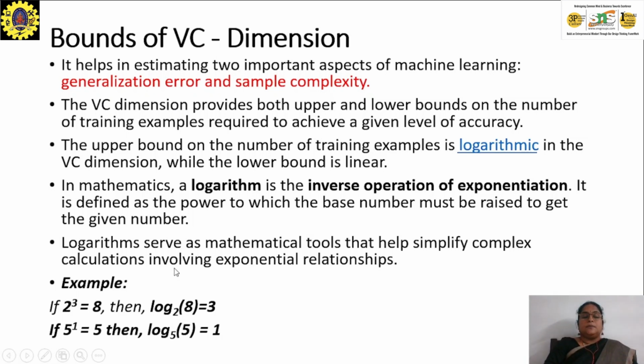So the logarithm serves as a mathematical tool that helps simplify complex calculations involving exponential relationships. To calculate the upper and lower bounds of VC dimension, we use this logarithm concept. For example, 2 raised to the power 3 equals 8, and we can write this in logarithm form as log base 2 of 8, which is equal to 3.